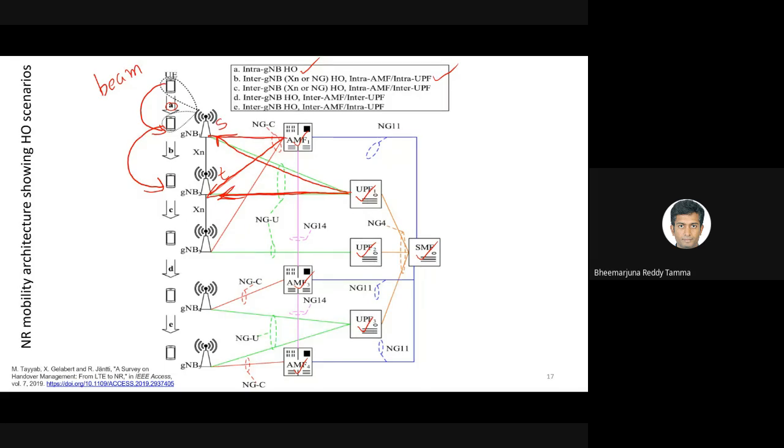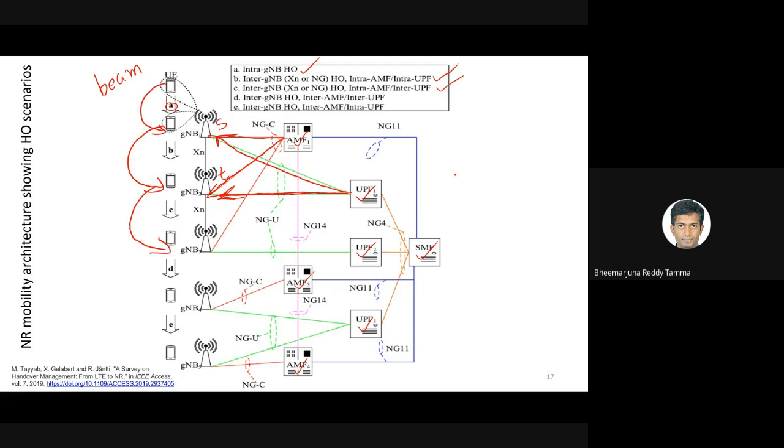Now take this case C. What is the difference now? The UPF has changed, but the AMF is the same one. So that is case C, intra AMF, inter UPF. Now we are switching from one UPF to another UPF.